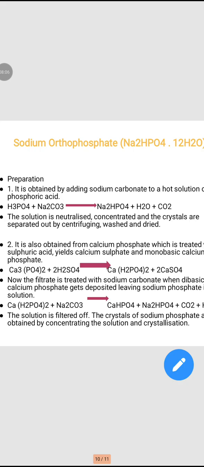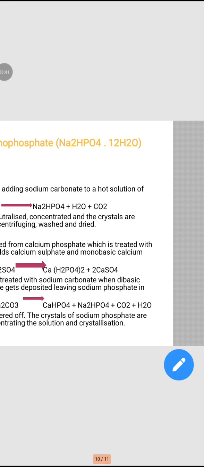Ca(H2PO4)2 plus Na2CO3 gives CaHPO4 plus Na2HPO4, sodium orthophosphate. The solution is filtered, and crystals of sodium phosphate are obtained by concentrating the solution and crystallization.